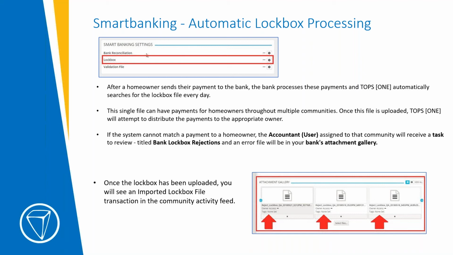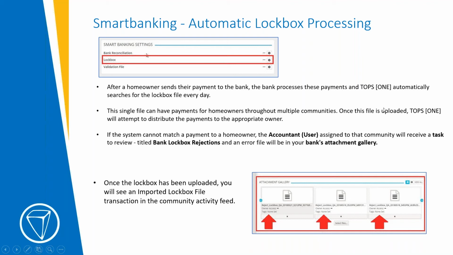And once the lockbox has been uploaded, you will see an imported lockbox file transaction in the community activity feed. So rejections go to the bank's attachment gallery, but your imported lockbox file transactions report will go to the attachment gallery on the community's homepage.